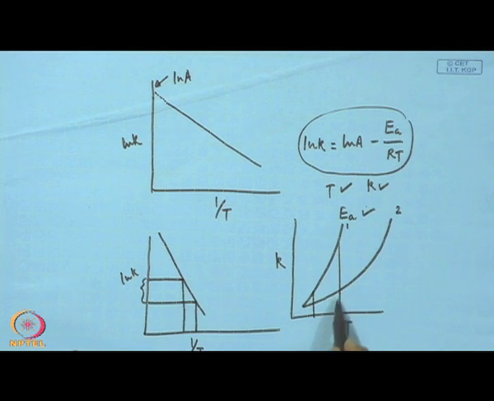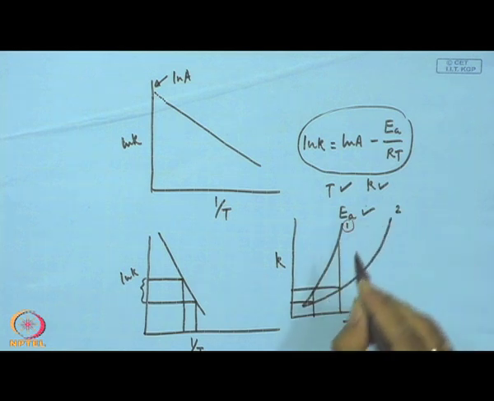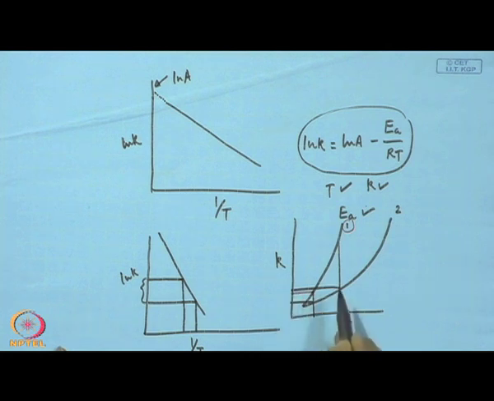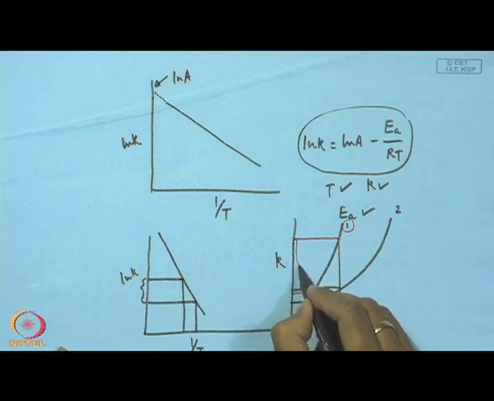So, if you go from here to here for graph 2, you see the change of k is this much, and in another case, for this one, if you change the temperature by the same amount, it gives you a very high change in the value of k.